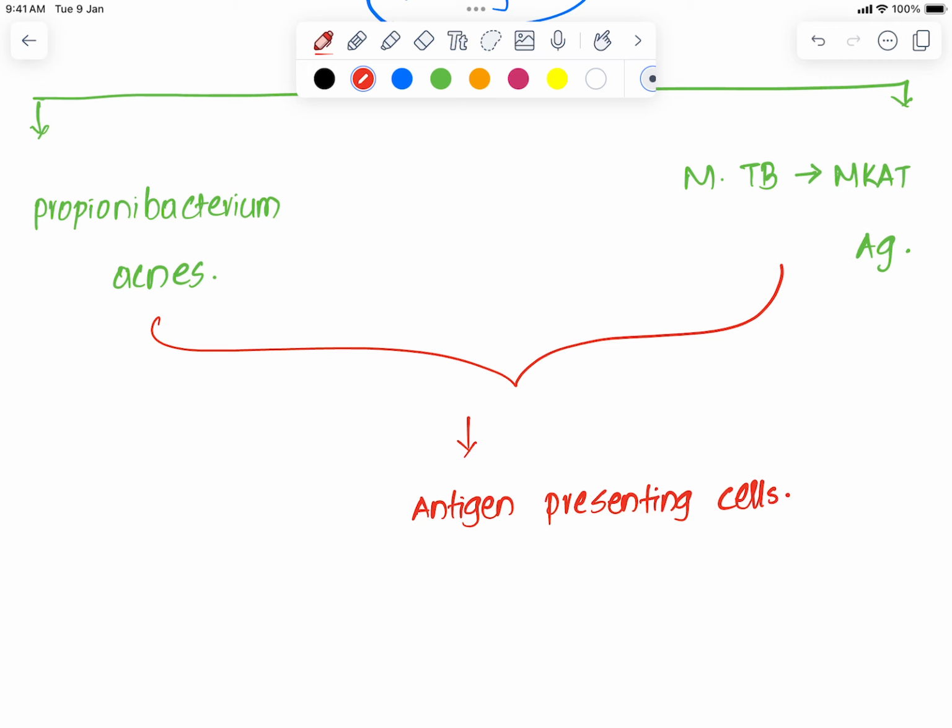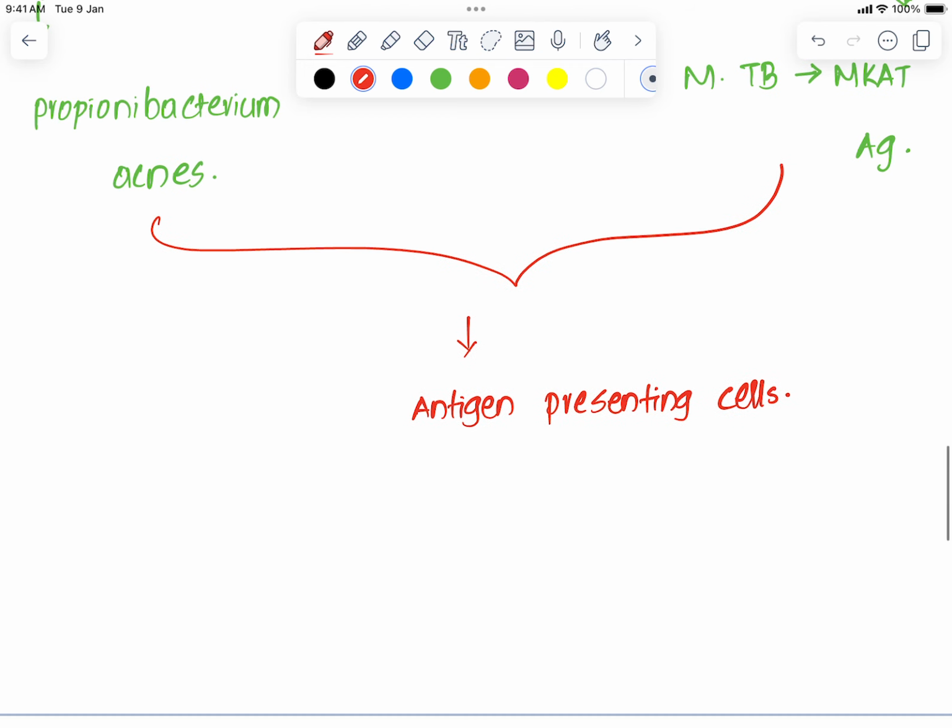The antigen presenting cells present these two antigens, or either of these antigens, to CD4 plus T lymphocytes in the lymph nodes.